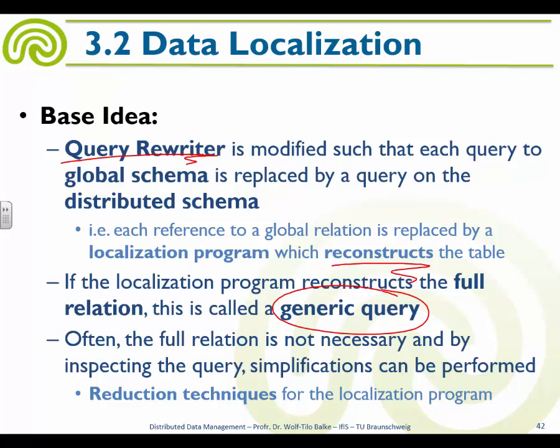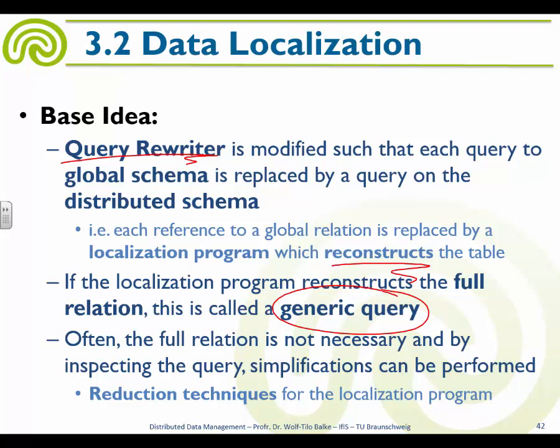Think if we have a rule, all data from A to N is on node 1 and from O to Z is on node 2, right? Then I don't need to reconstruct the full data. If my query goes, okay, data between E and H, because I know that is in one partition only, right?